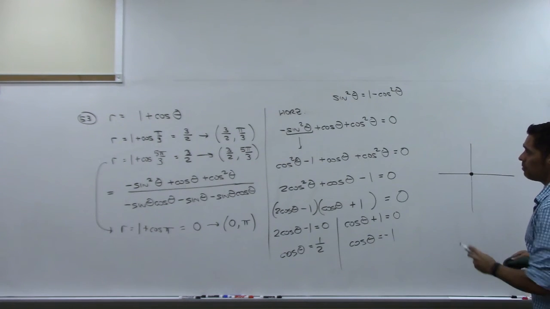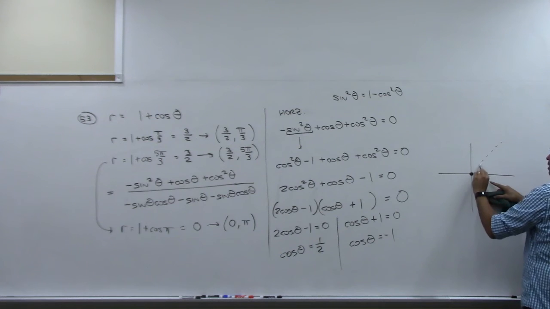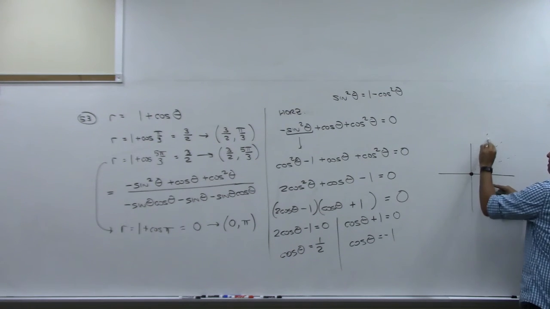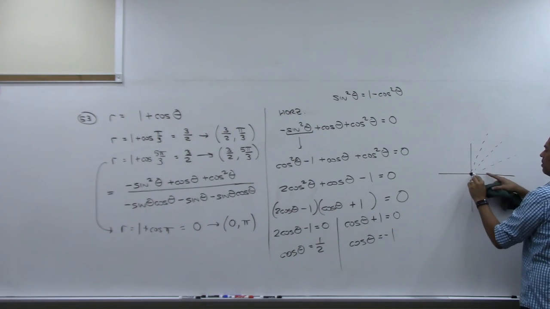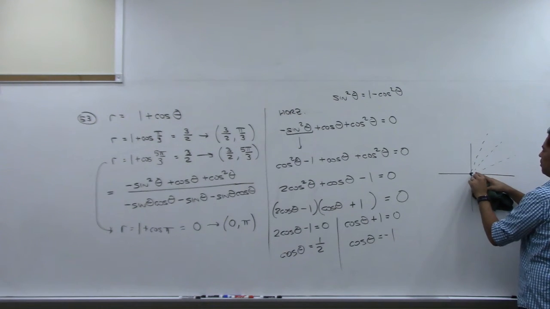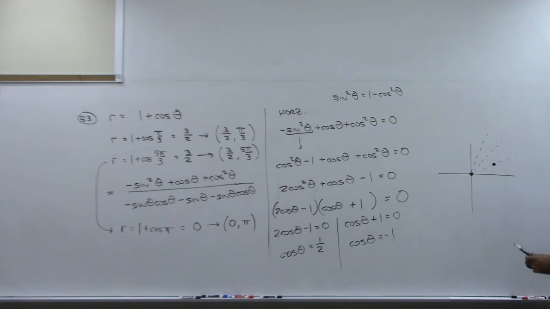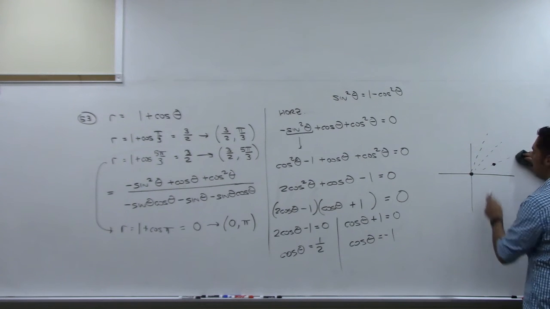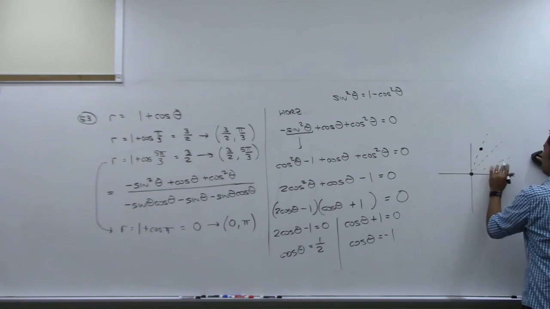If I go and rotate by pi over 3, which should be, if this is 45, pi over 3 right here, and I walk out 3/2, which is 1.5, I should have a horizontal tangent line there. Oh, I said pi over 3 is not there, sorry, pi over 3 is up here. That's pi over 6.